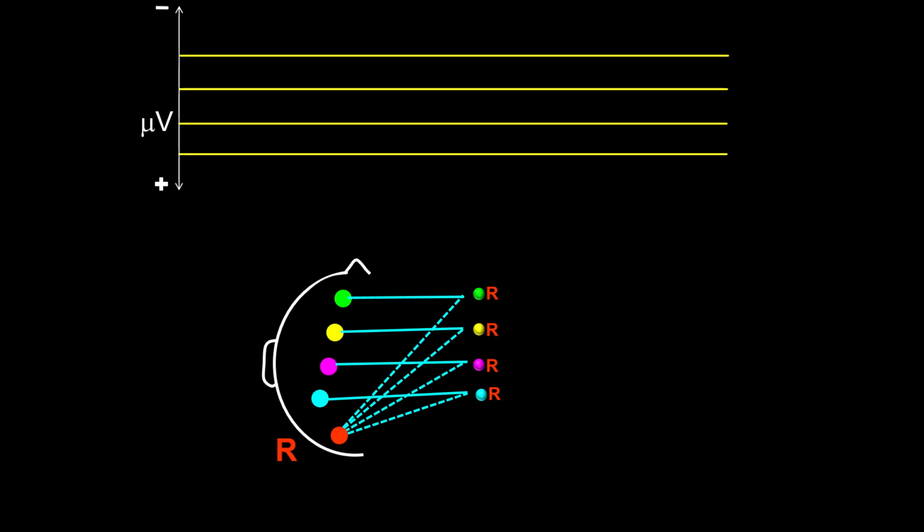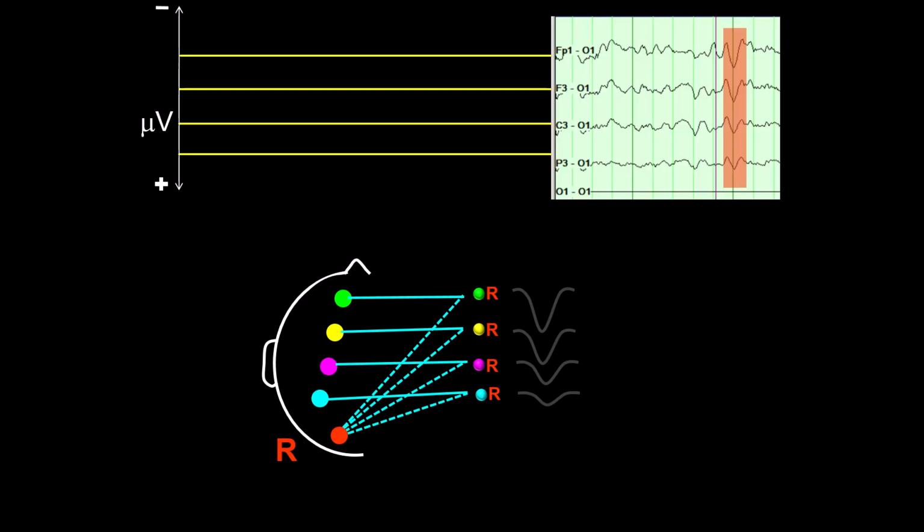The yellow lines represent voltage levels, one for each of the non-referential electrodes. I have now added a cartoonish representation of the wave in question. Notice that the amplitude transition between them is smooth. These waves represent the electroencephalographic element highlighted in the tracing in the question.